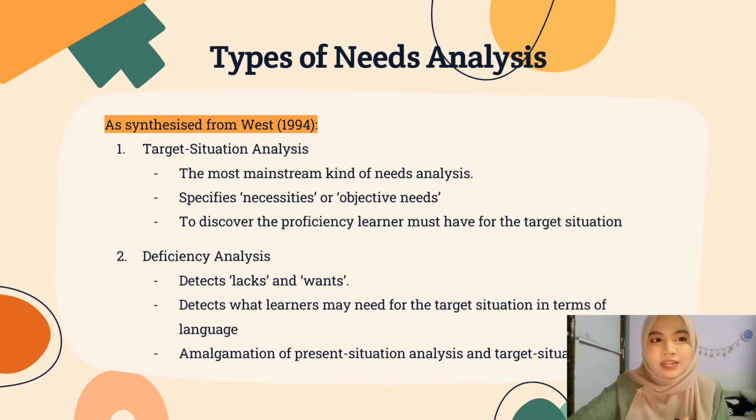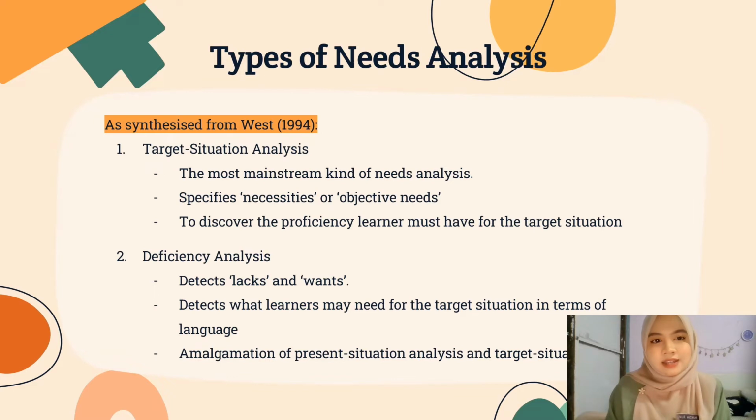The first one is target situation analysis. This type of needs analysis is the most mainstream kind of needs analysis. It specifies necessities or objective needs to discover the proficiency learners must have or must develop for the target situation. Moving on, the next type of needs analysis is deficiency analysis.